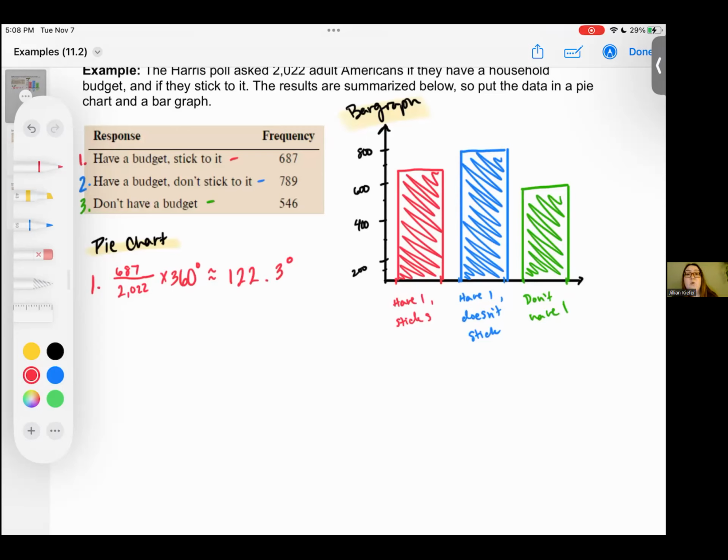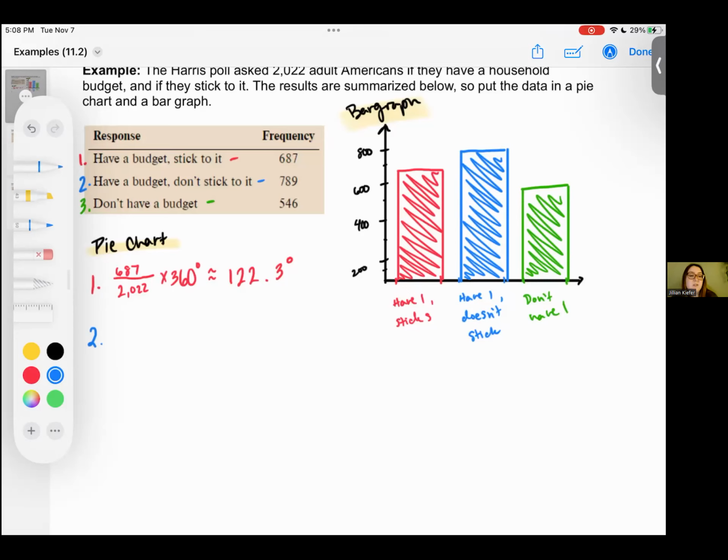We know that 1/4 is 90 degrees, and then 1/2 would be 180 degrees. So this amount will be somewhere between 1/4 and 1/2, probably close to about halfway.